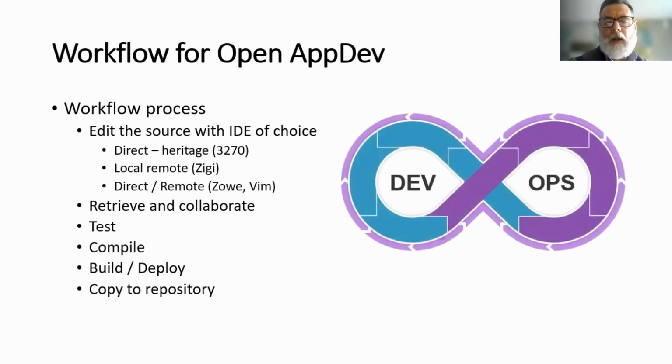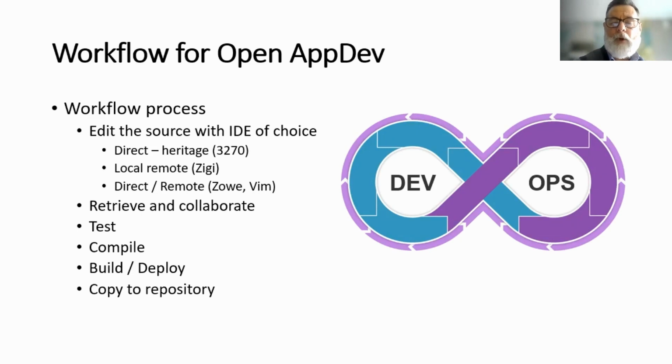So when we talk about AppDev, what really is that process? At a high level, we're talking about a workflow process where you could edit the source with the IDE of your choice. So whether it's direct, what I call heritage, you can use local remote tools, which I will be using today, which include things like Ziggy, if you have heard of that. We'll show you how to interface with that.